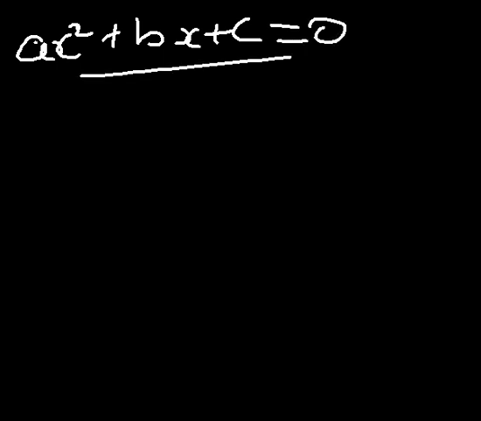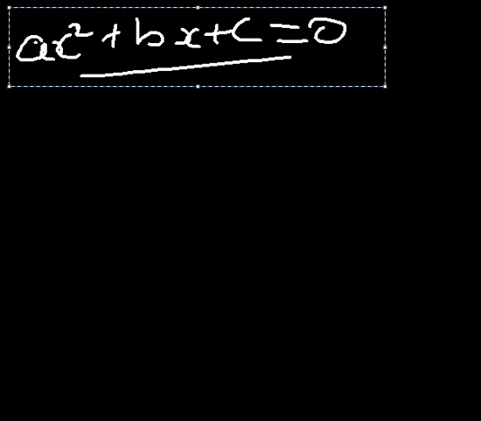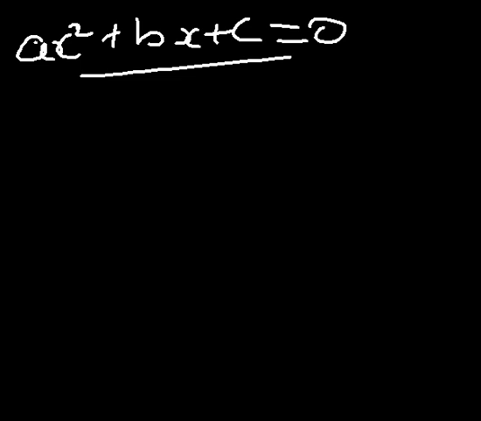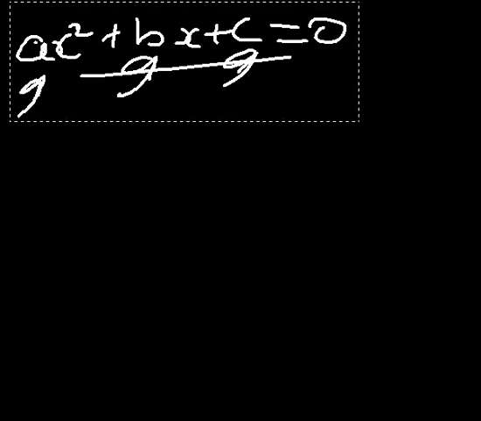So this is the general form of the quadratic equation. In this case we have a being given as the constant and b constant as well, and also c being given as a constant. So c is said to be the y-intercept, so take note of that.